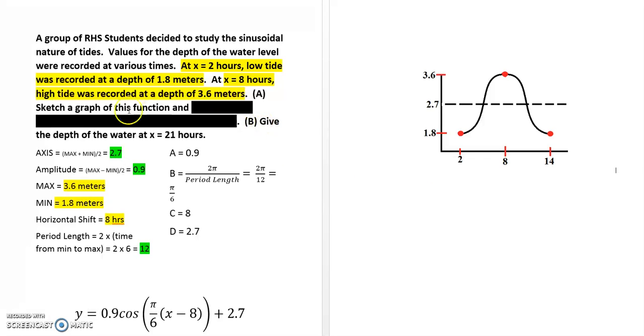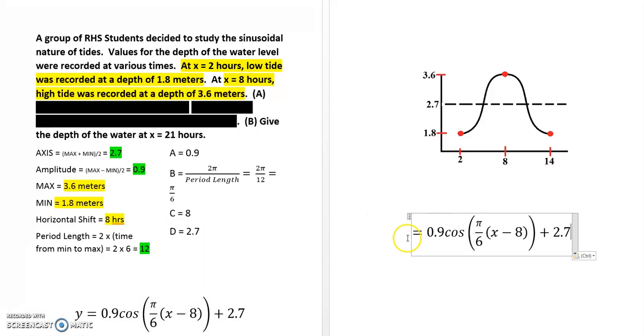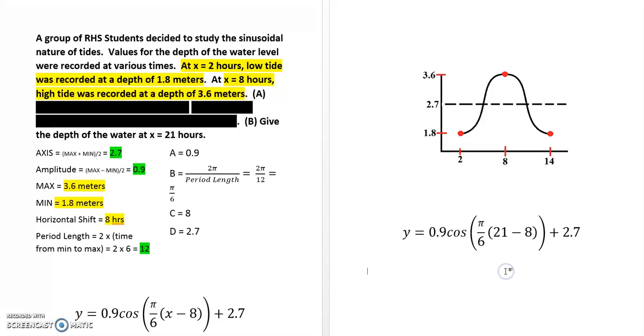Now we have to give the depth of the water at 21 hours, at x equals 21 hours. So what we have to do is take this equation and solve for when x is equal to 21. Whenever I do that, I type it in my calculator.